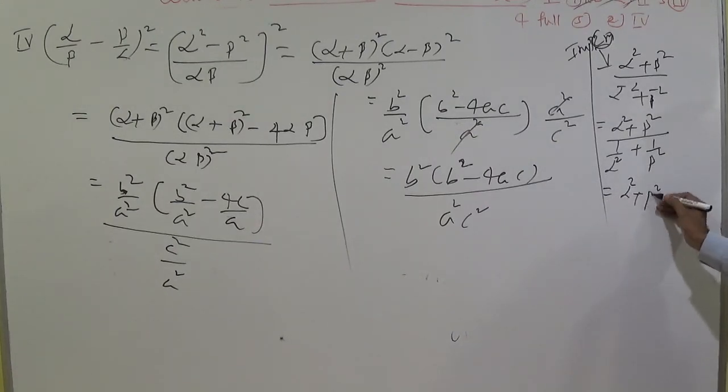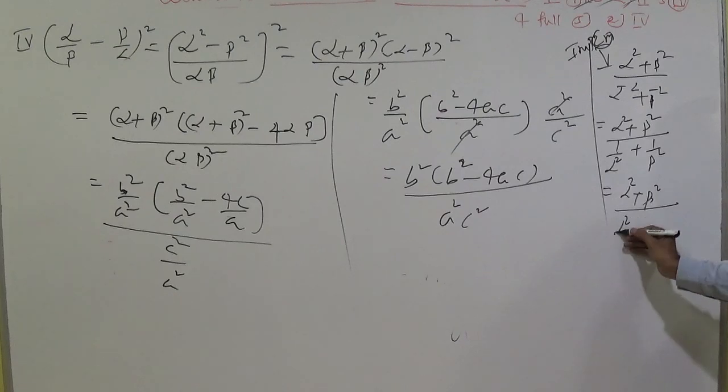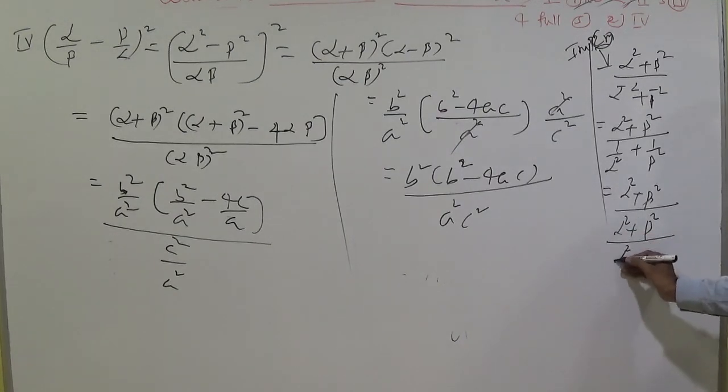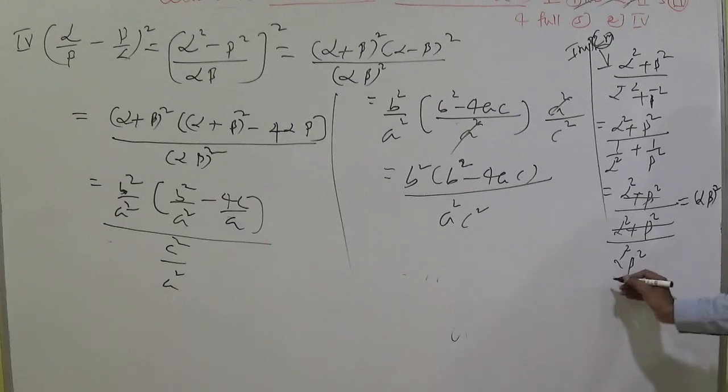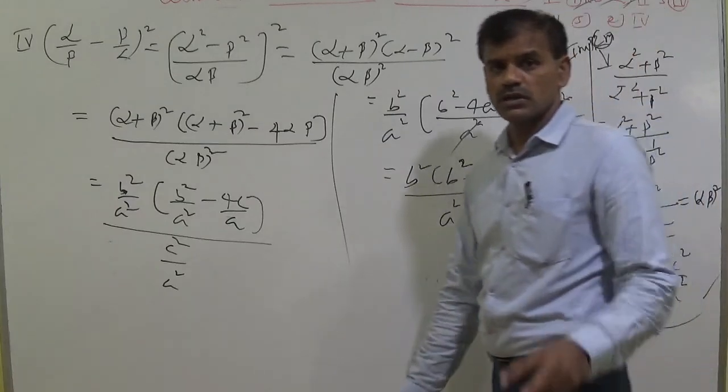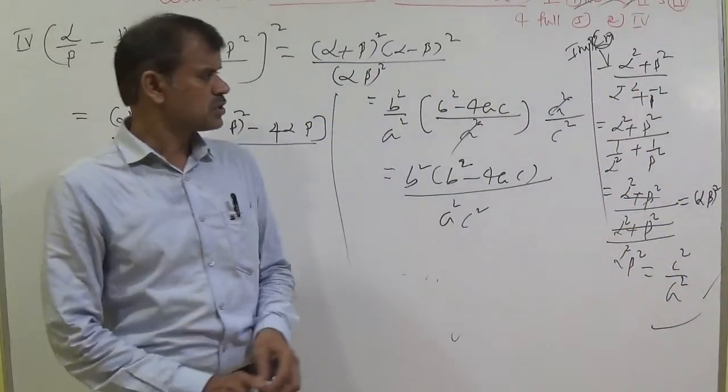Here you can write alpha square plus beta square by, taking LCM, (alpha square plus beta square) by alpha square beta square. This will be getting cancelled. You can write this one as (alpha beta) whole square directly. The (alpha beta) whole square is the value c square by a square. That is only 2 marks IMP question.